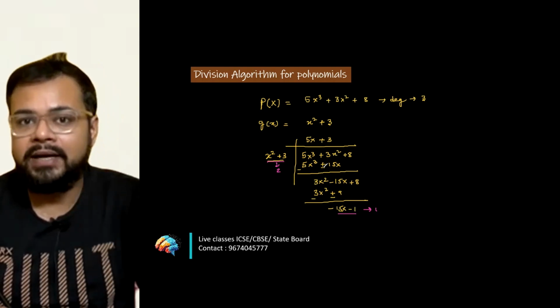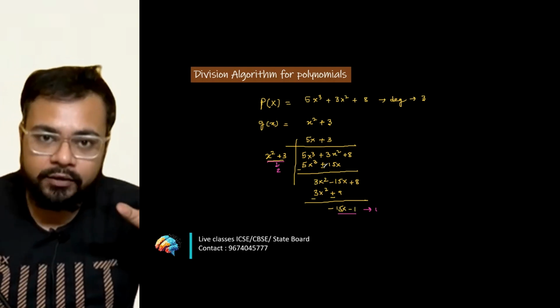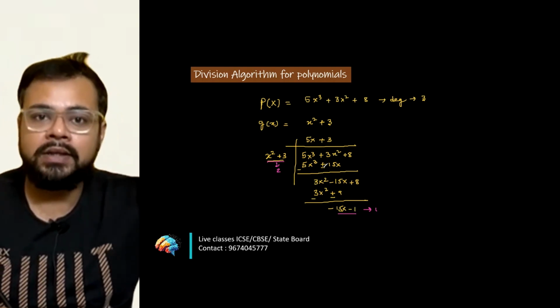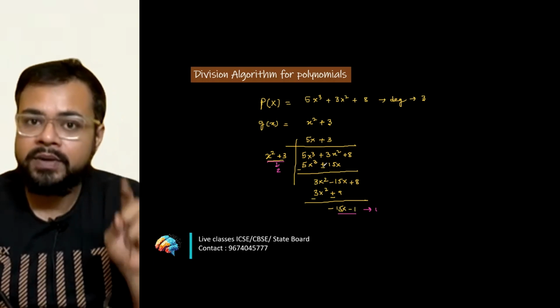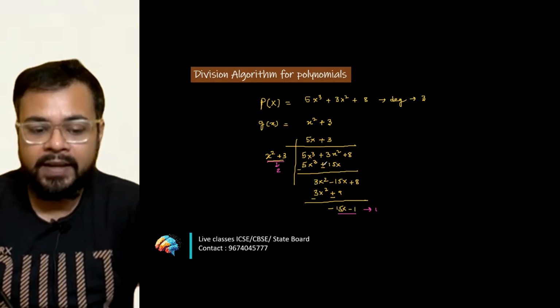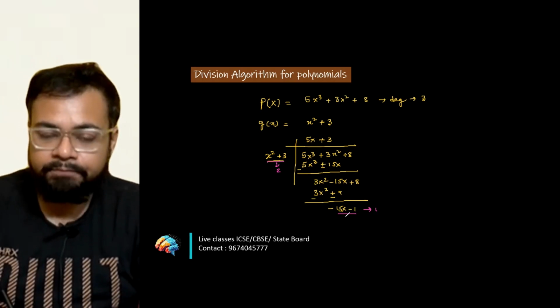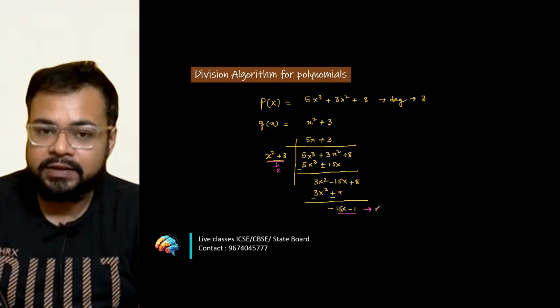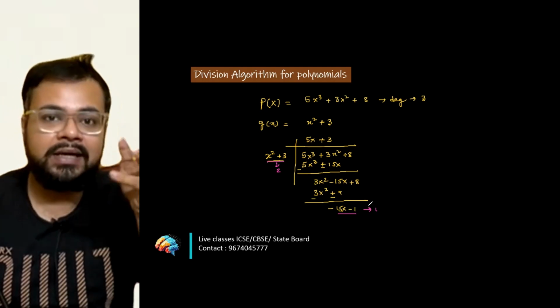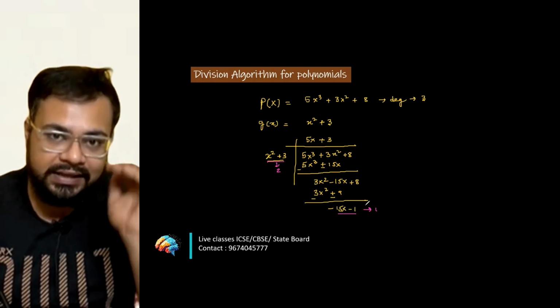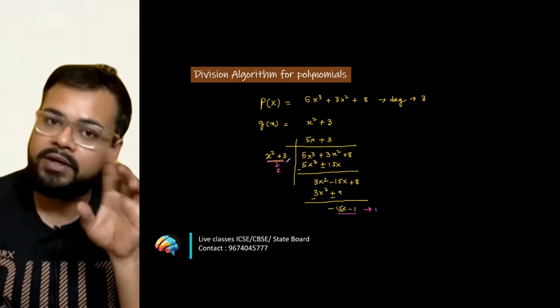It's not a number that you can compare. For numbers we compared whether it is greater or less. For polynomials you need to compare the degrees. The degree of the divisor was 2, and this expression has a degree of 1. Whenever the remainder polynomial's degree is less than the divisor polynomial's degree, we stop the division.